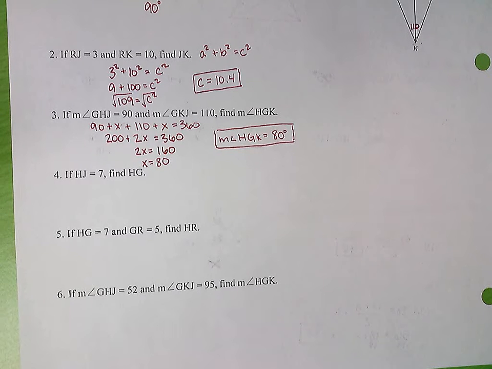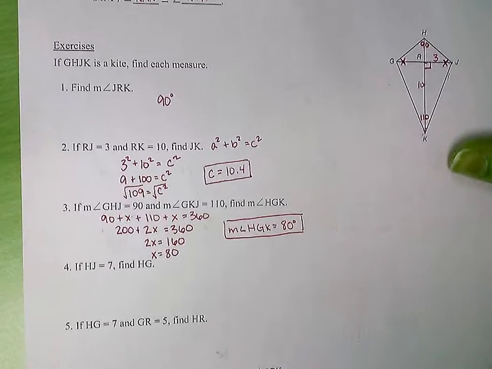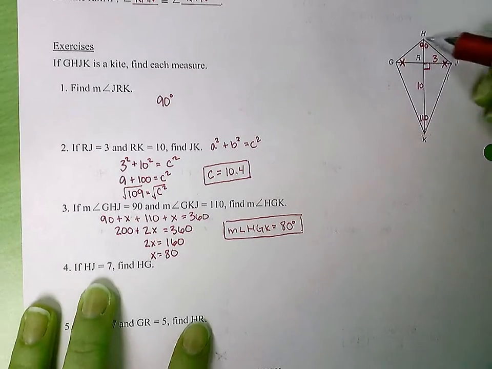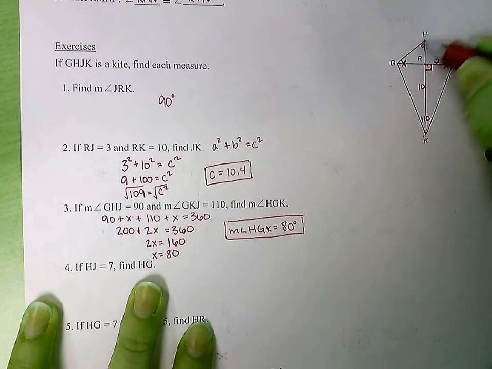I want to start going through these so that I give you enough time to work on your assignment. If you understand how to do these 3 problems, you can start working on that assignment. Just make sure that you check your answer when I get there. Okay, so number 4, in my picture, HJ is 7, and we want to find HG.